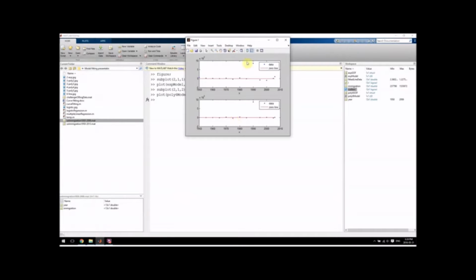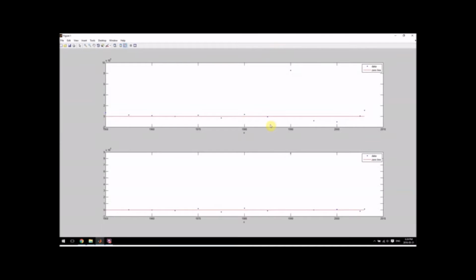Okay, so both of these residual plots look really good. Obviously there's the outlier point that's way out there, but that's because we ignored it in the model fitting. The rest of the points are all fairly close to the line. There's no real observable pattern to how they differ from the line, which is great. So both these models seem to be a fairly good fit to the data.